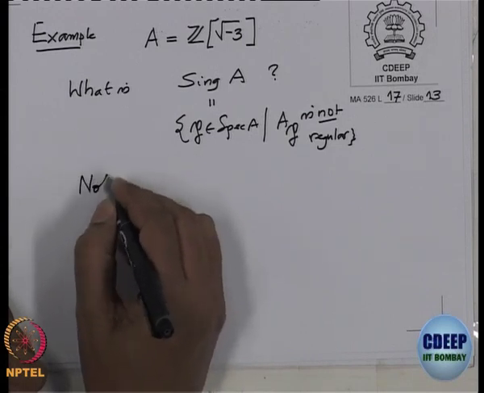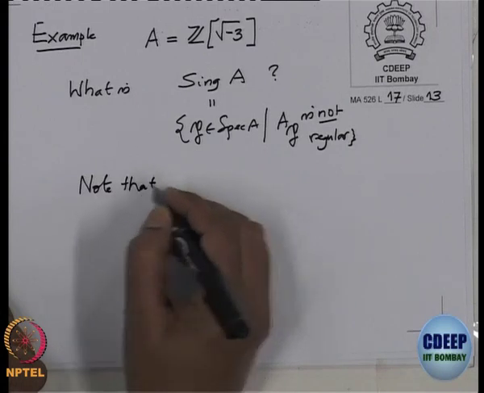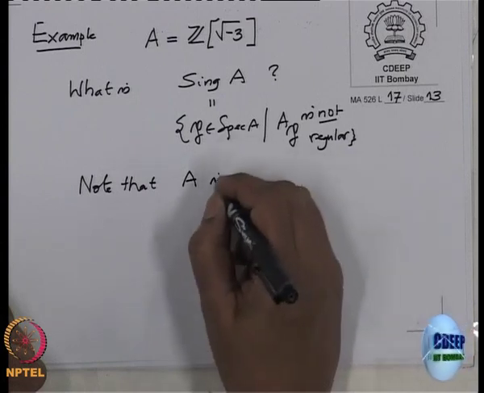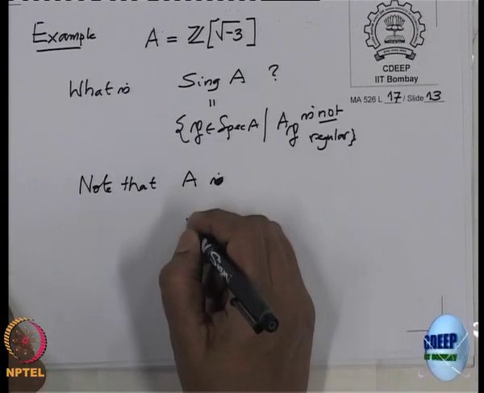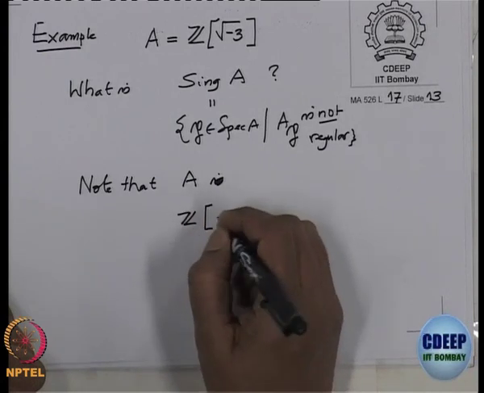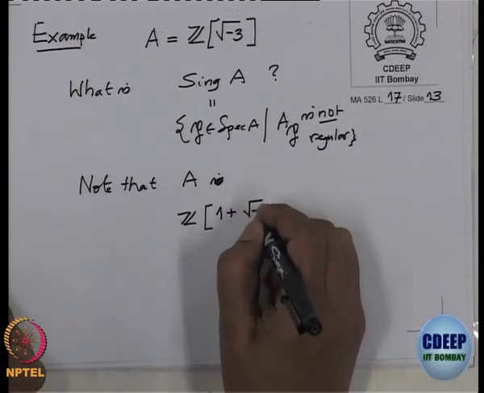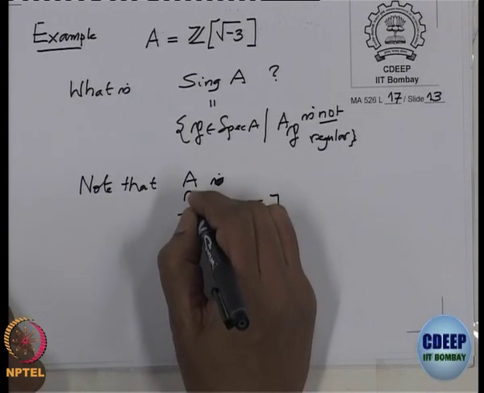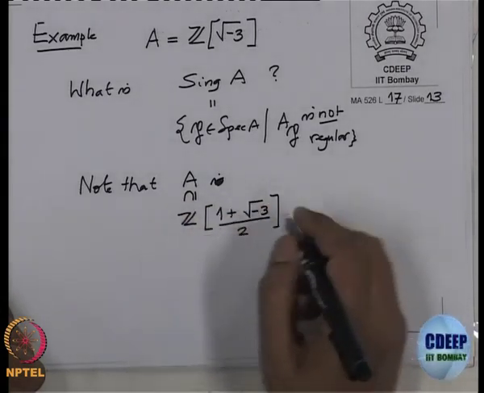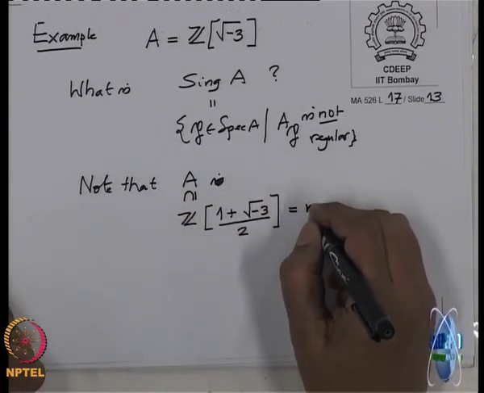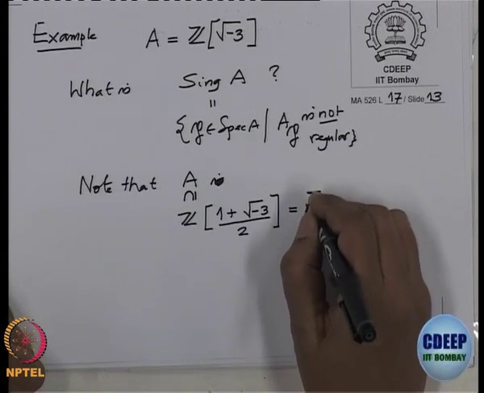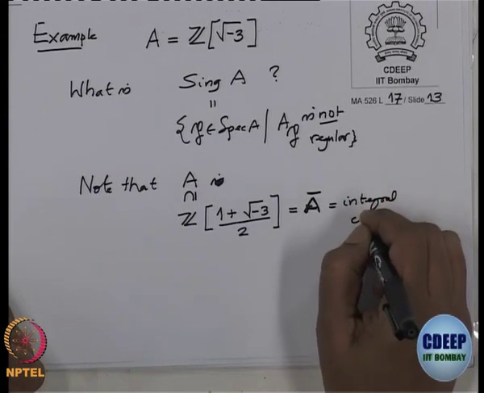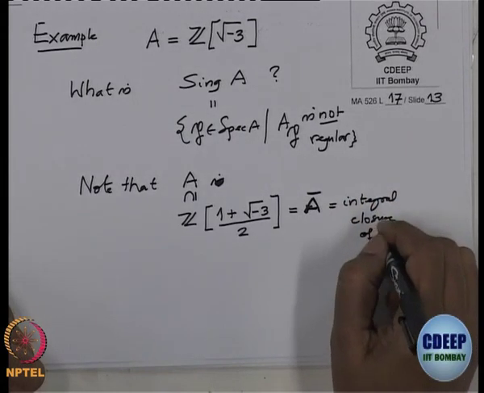note that this ring A is contained in Z[(1 plus minus square root 3) divided by 2]. Why is this thing important? This is precisely the normalization. This is A bar, the integral closure of A in its quotient field.